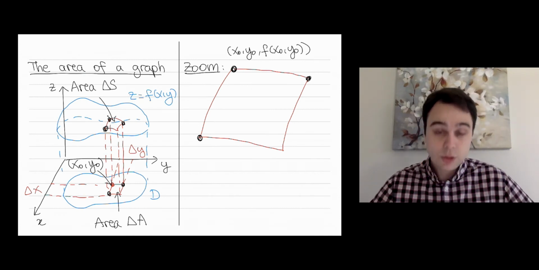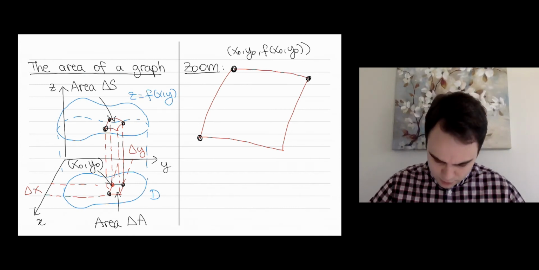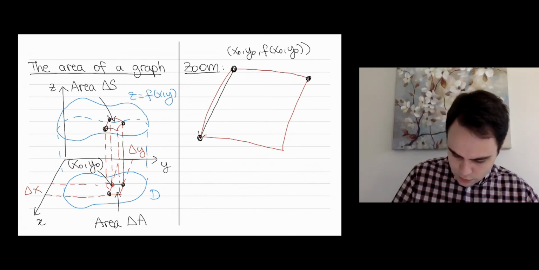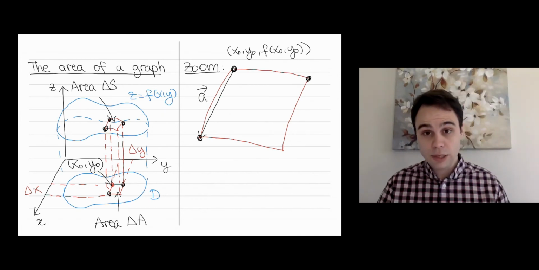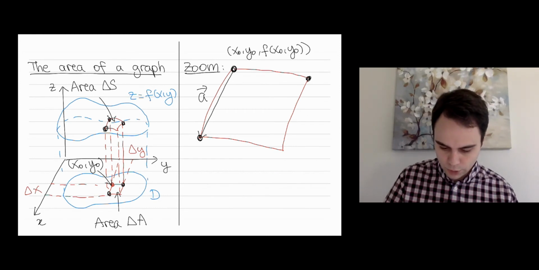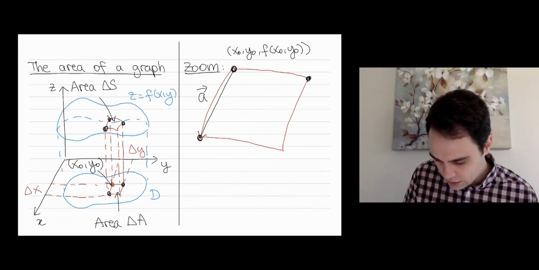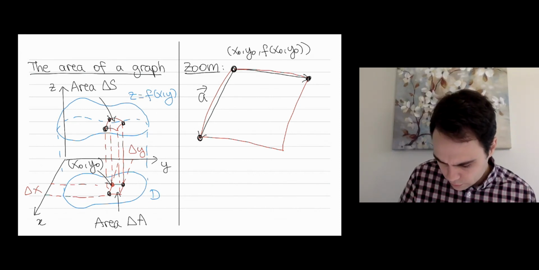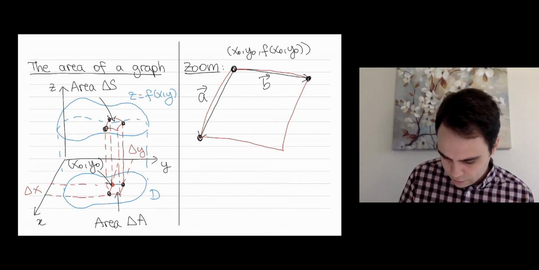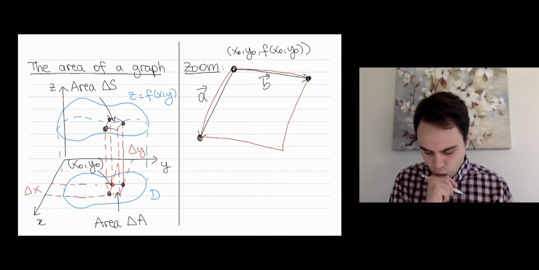For our analysis, we'll also look at two vectors. We'll call this one A. A points from here to here, and B is this other vector that points from here to here, like that.